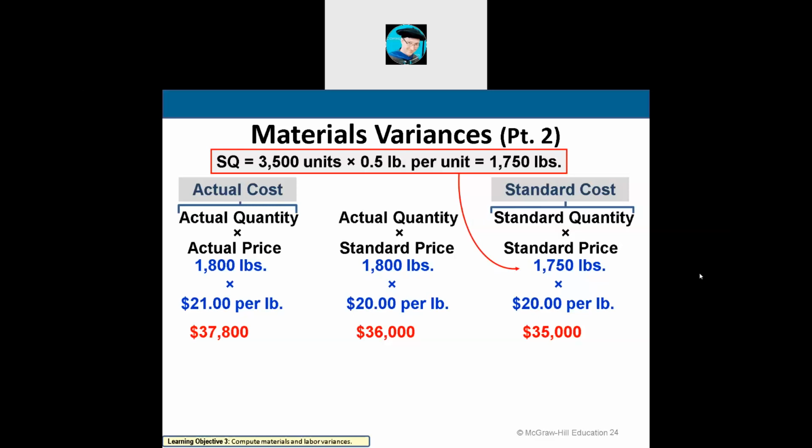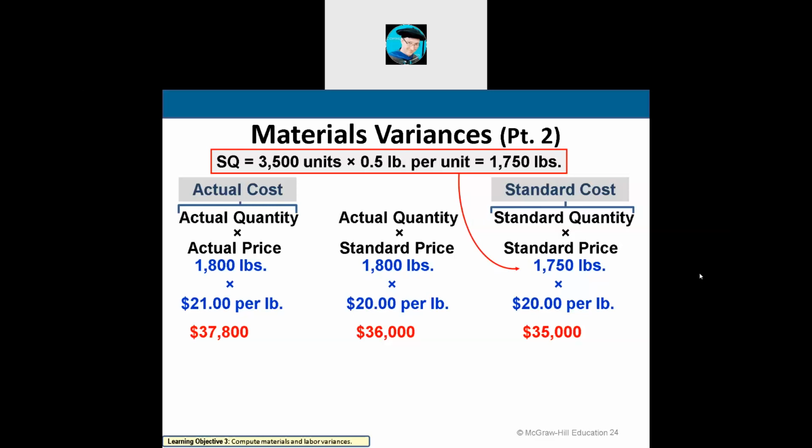So the standard price is $20 a pound for aluminum. The standard quantity is 1,750 pounds, because we need to make 3,500 units. Half a pound per unit means I need 1,750 pounds. Gives me a standard cost of $35,000.